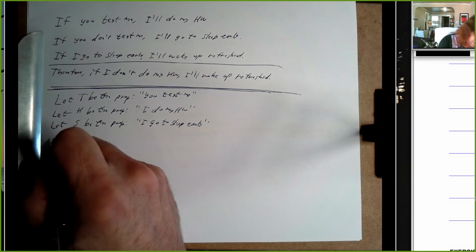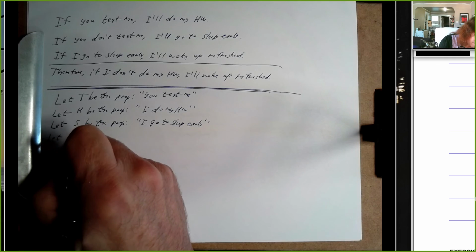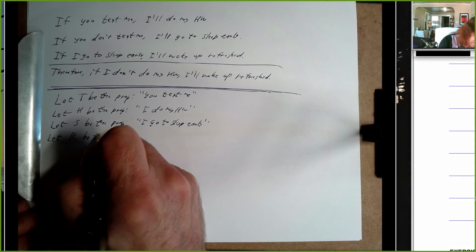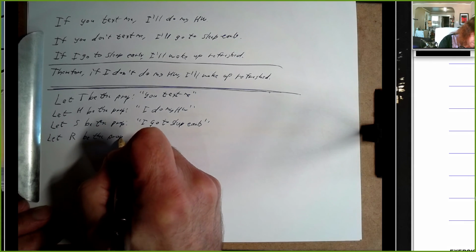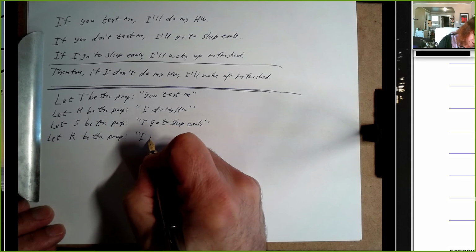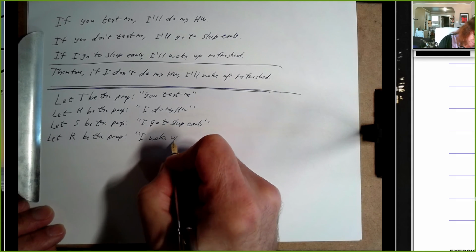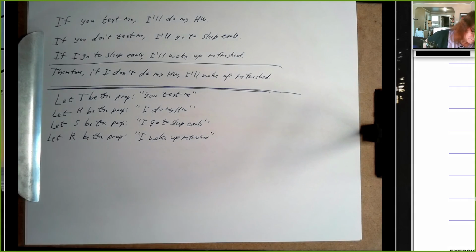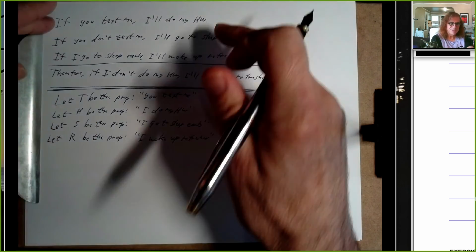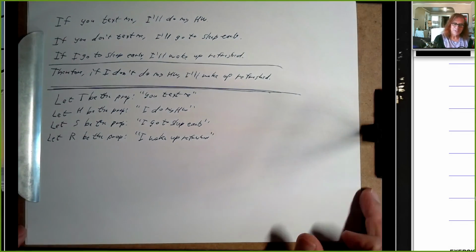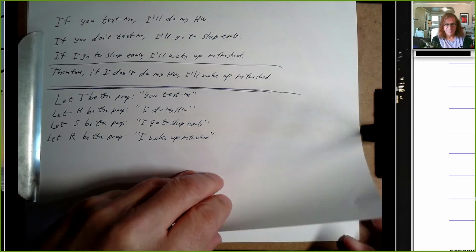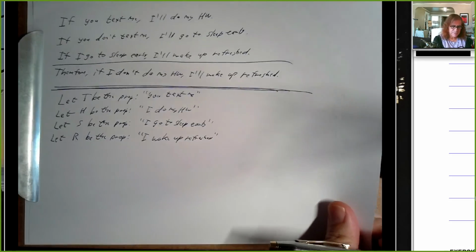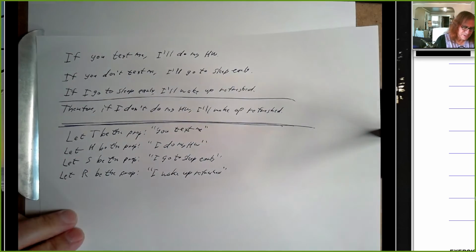So let's use R for that. I wake up refreshed. And I think that gives us enough propositional variables to be able to write all of these statements using formal language. So let me start this on a new page.